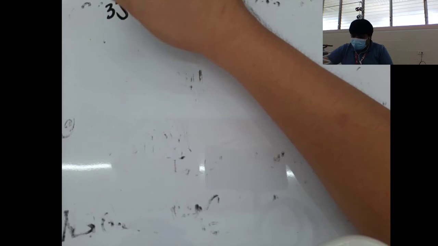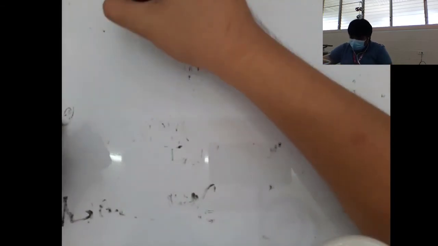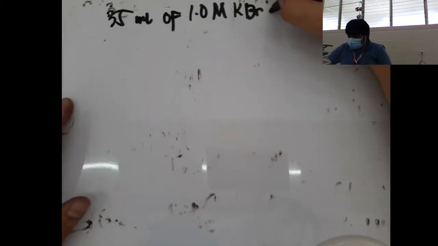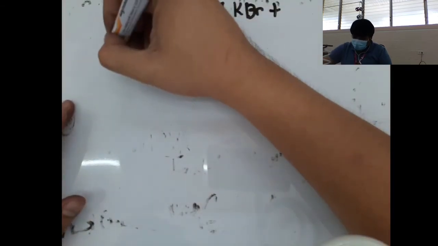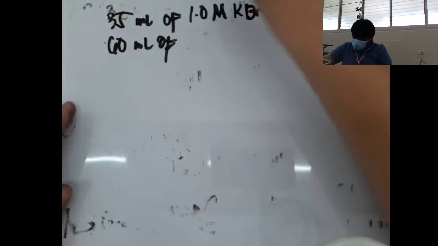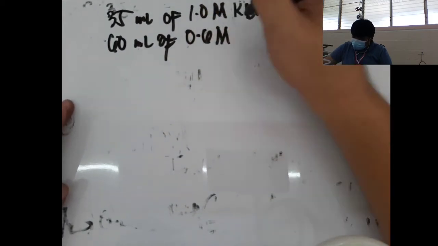So we have 35 ml of 1.0 molar potassium bromide plus 60 ml of 0.6 molar potassium bromide, right?